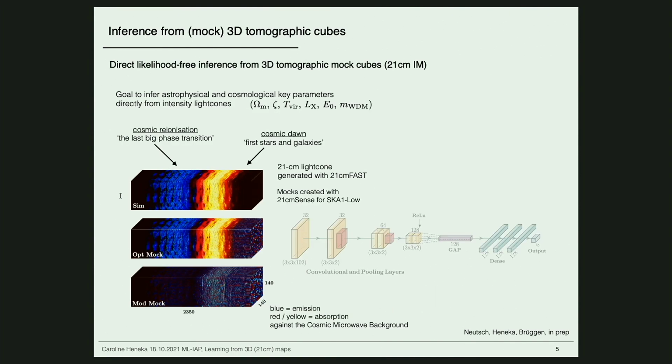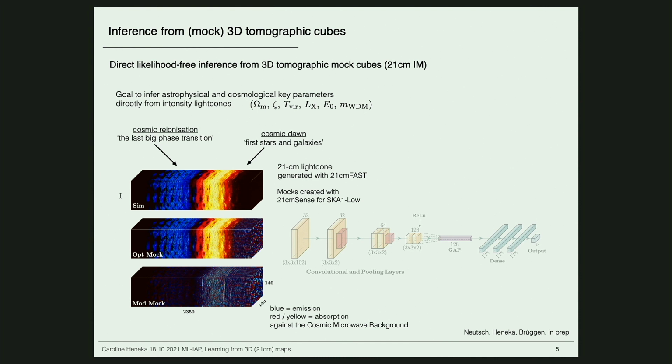Going back to the 21 centimeter signal, the test case that we studied and that I'm going to present in this talk is the inference of key cosmological and astrophysical parameters. I have two parameters for the epoch of heating: the Lx, the typical X-ray luminosity, and an X-ray energy threshold for self-absorption in galaxies.